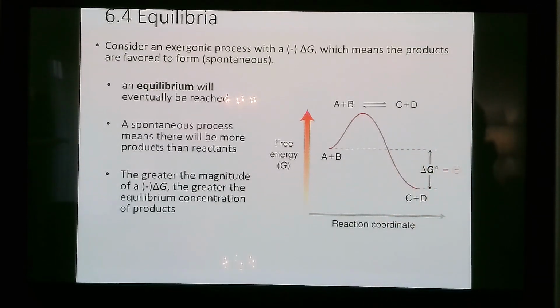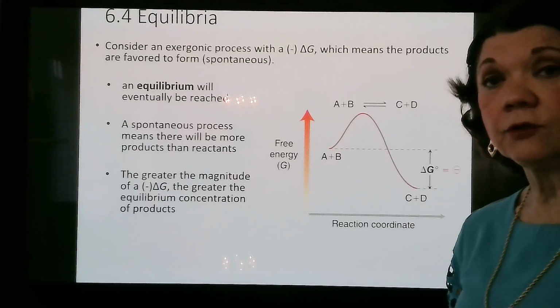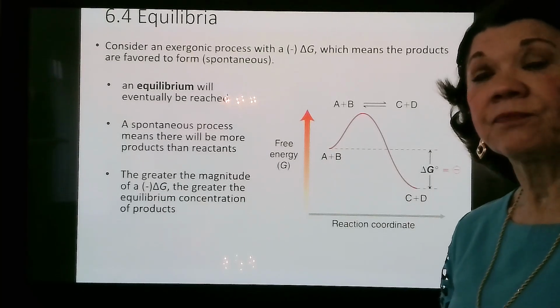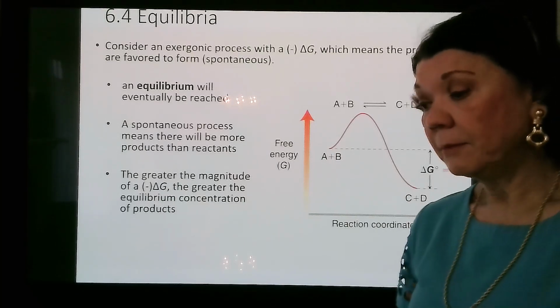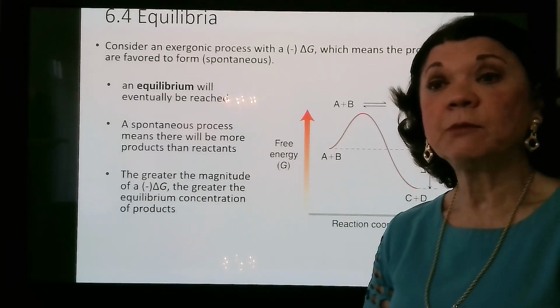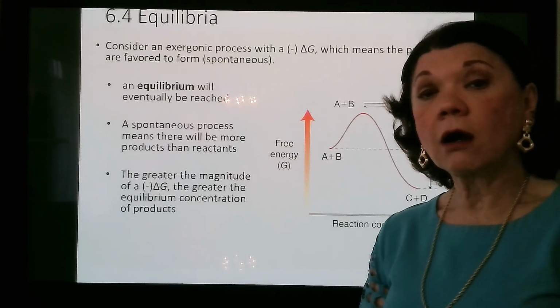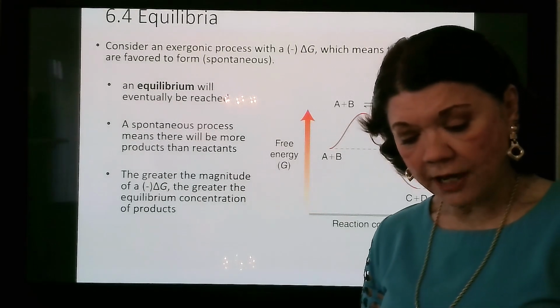So what you're going to see is that equilibria are thermodynamically controlled reactions, and the vast majority of reactions that you'll deal with in this course are kinetically controlled reactions.